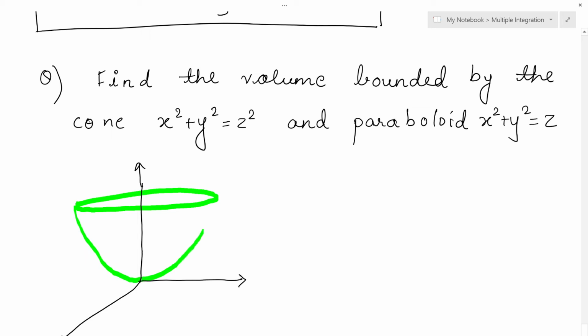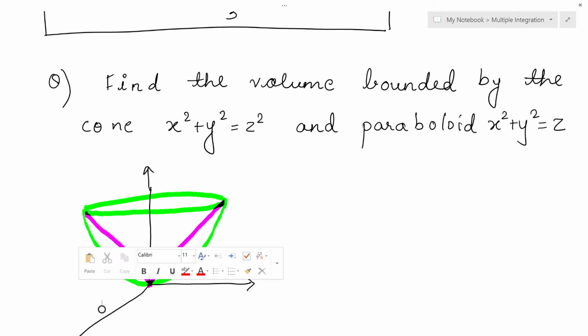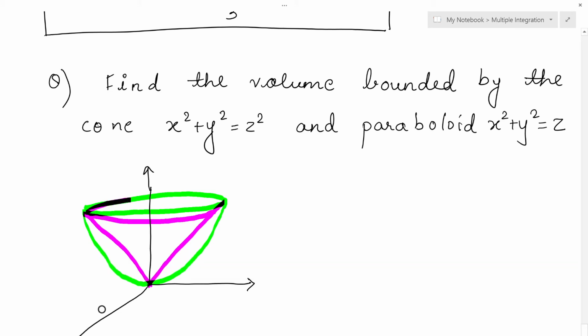Okay, this way, and my cone something like this way. Okay, so now the area for intersection is nothing but a cone and a paraboloid common. So you can see very clearly.